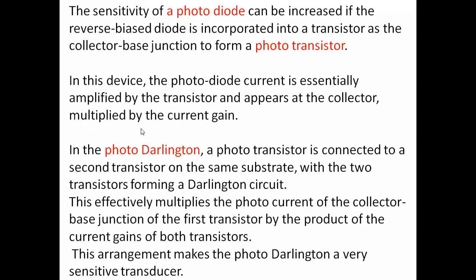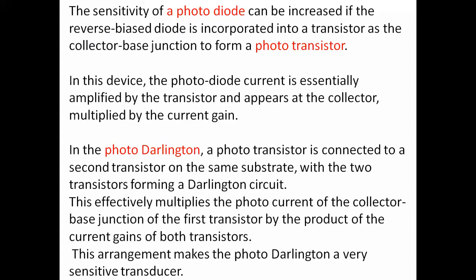The another one is the photodiode. The sensitivity of a photodiode can be increased with reverse bias. Generally, by connecting in the reverse bias operation, the diode acts as a photodiode.